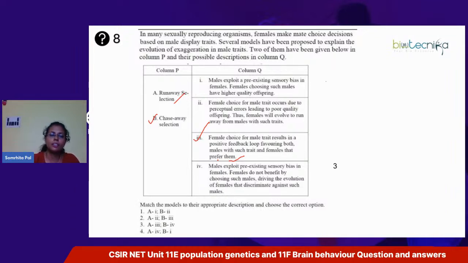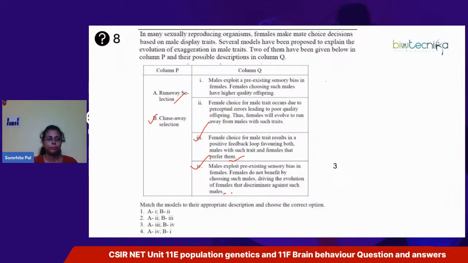So that will again trigger the males to evolve even more. So it is an antagonistic, a negative kind of a relationship, but still it is preferring both of them. So the males exploit pre-existing sensory bias in the females. Females do not benefit by choosing such males, driving the evolution of females that discriminate against such males.